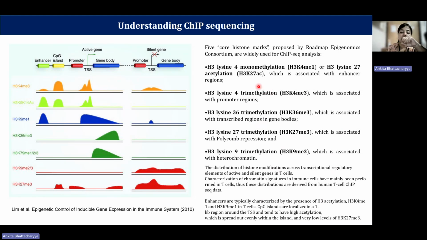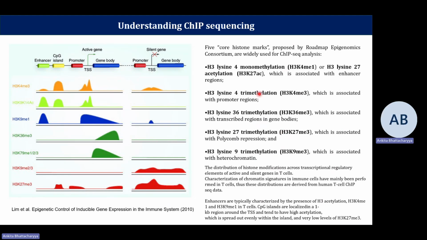For example, H3K27 acetylation is going to tell you whether a certain region is transcriptionally switched on and is being driven by enhancer regions as well.